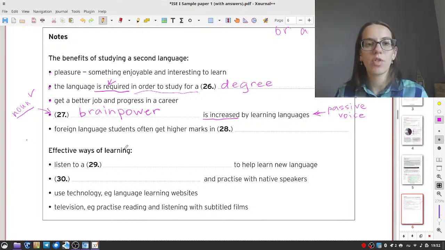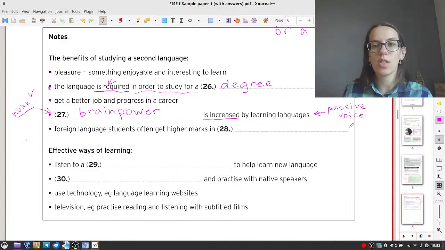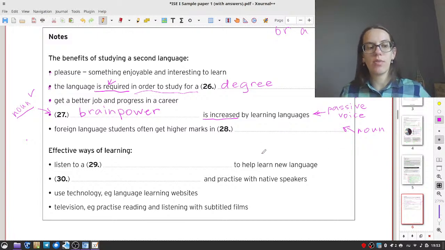Next, foreign language students often get higher marks in something. So what kind of word do you expect here? Well, again, some sort of a noun or a noun phrase, right? Get higher marks in something. And probably we can even guess what type of noun.